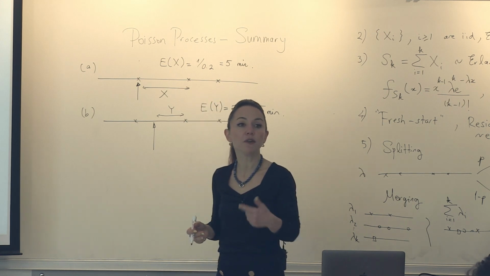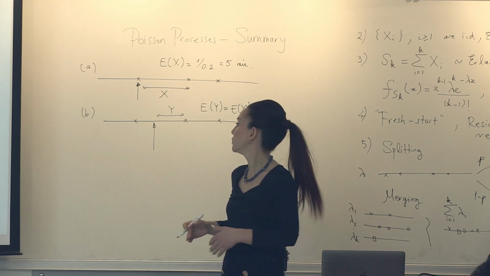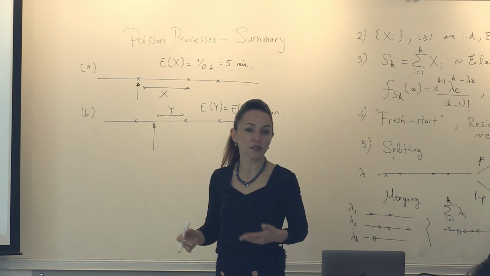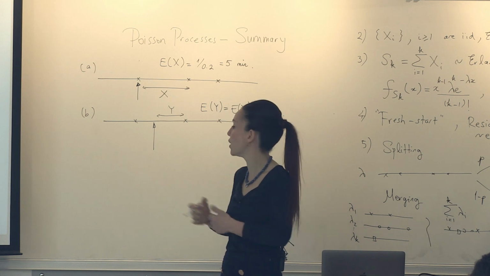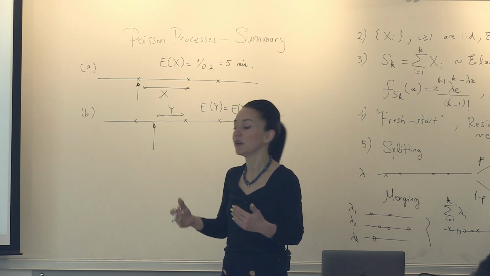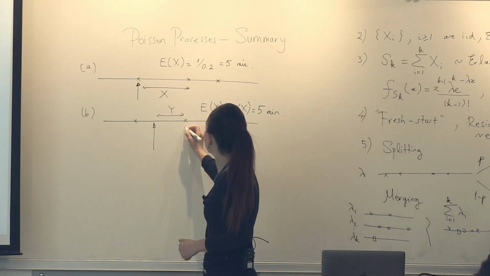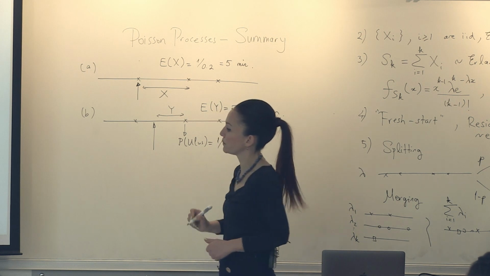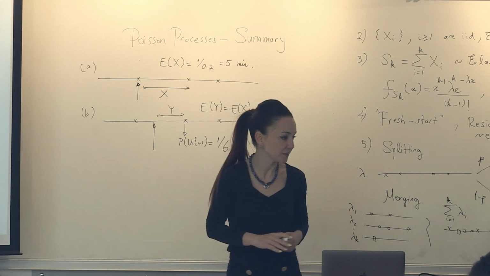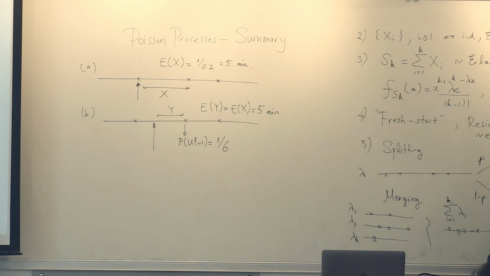Exactly, because every bus is to Ulus with probability 1 over 6 independently of when I arrive and what happens, how much time passes, etc. So that probability equals 1 over 6. All right, let's go on to part C of the problem.